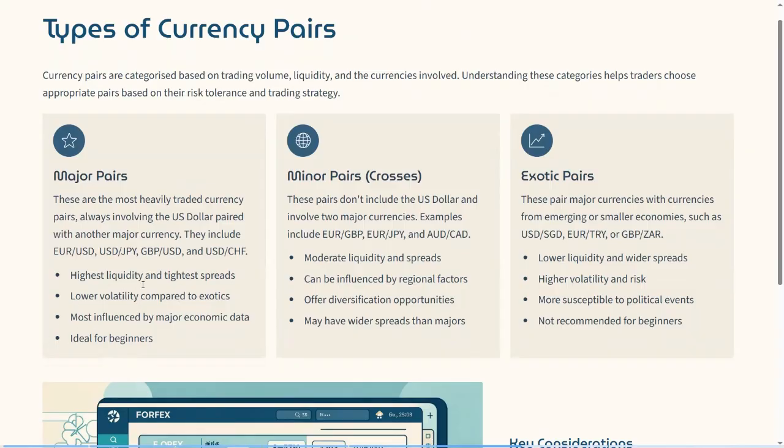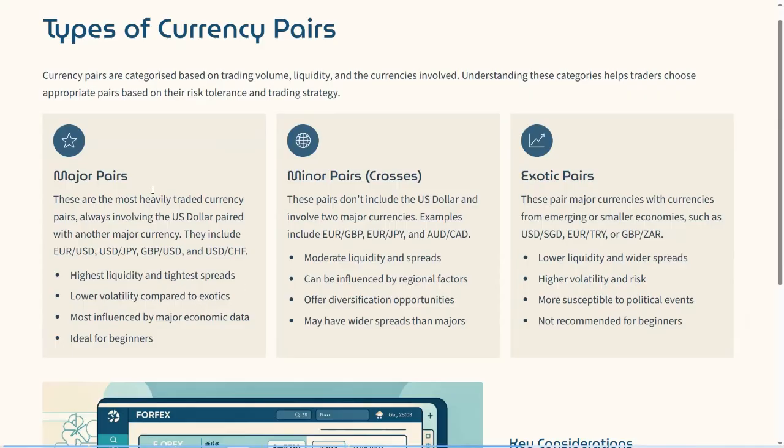These are characteristics of the major, minor, and exotic pairs. They have the highest liquidity, tight spreads, and lower volatility. All these concepts will be explained in the coming videos. There are some concepts here you might not understand, but we'll explain them more in the coming videos, like liquidity, spread, and volatility.